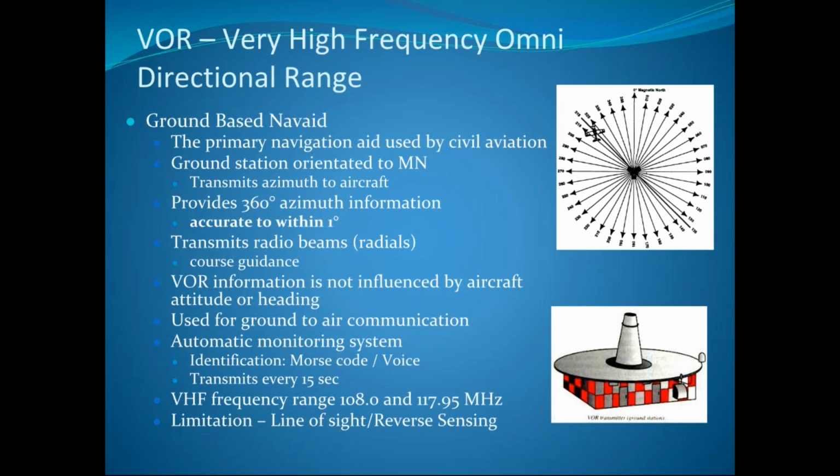VORs are always identified with a 3-letter identifier. So you'll have like TCH is Wasatch VOR in Salt Lake. You know, Mormon Mesa, I want to say Mormon Mesa is MMA.